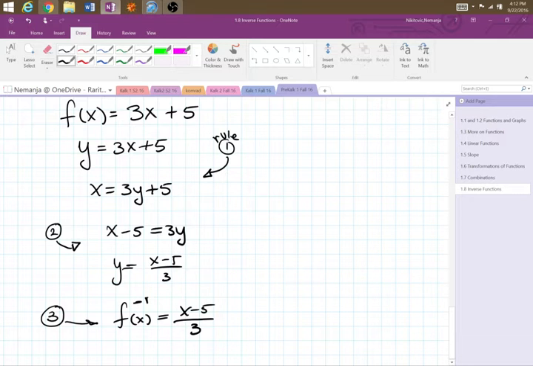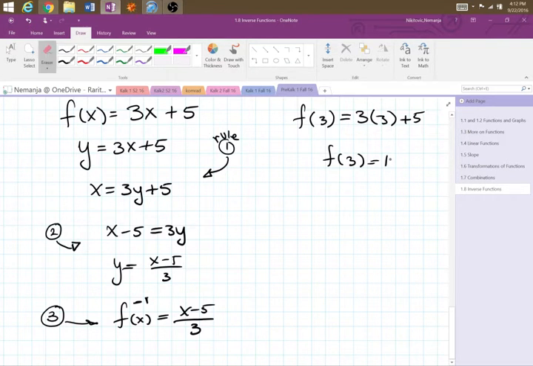Now, I would like to test this. Give me a value for x. 3. And if this is 3, what is the value here? Very good. Now, what is the f inverse of 14?